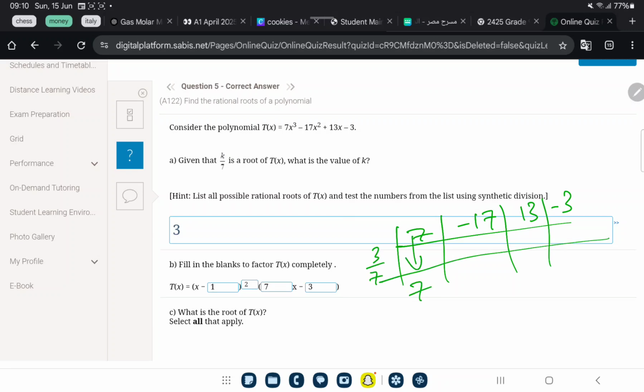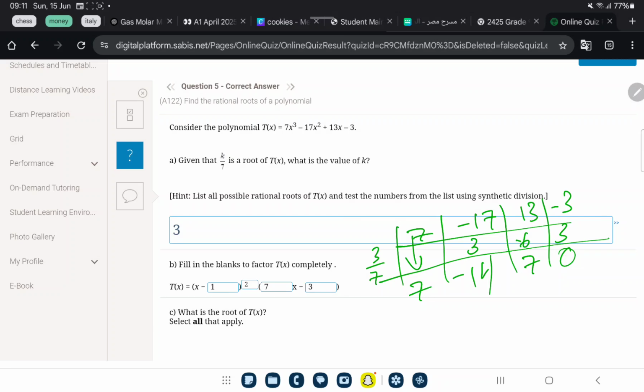Drop the 7. 7 multiplied by 3 over 7, the 7's cancel, you get 3, and then you get minus 14. Then you do minus 14 times 3 over 7. You get minus 6, you add 7, 7, 3. So your remainder is 0.